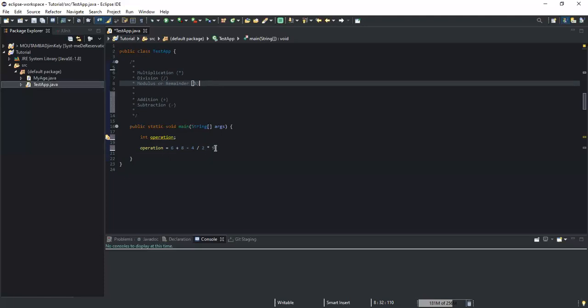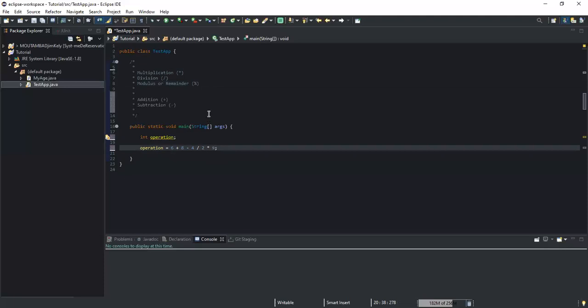So if in an expression we are having multiple operators that have the same level of precedence, the expression is going to be evaluated from the left to the right. So in this expression that we have on the screen here, that means that the 4 divided by 2 is going to be evaluated before the next operator is evaluated because we are going from the left to the right.